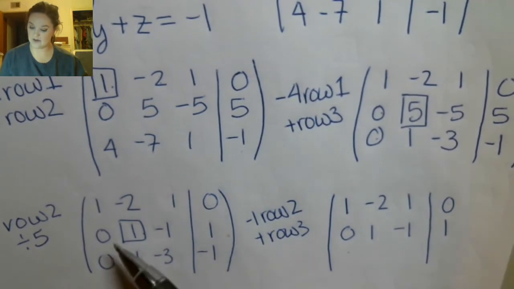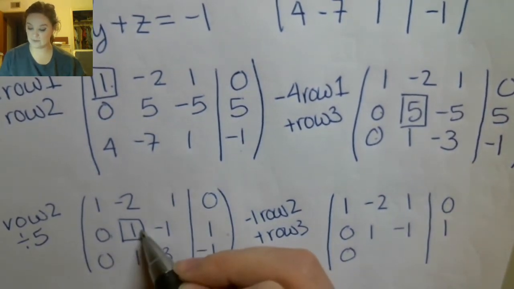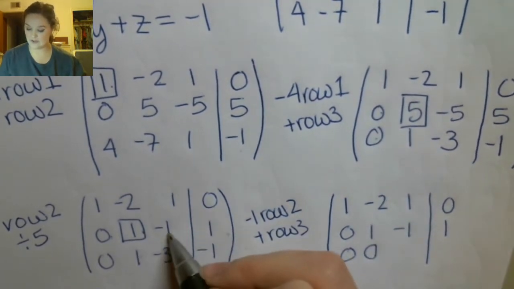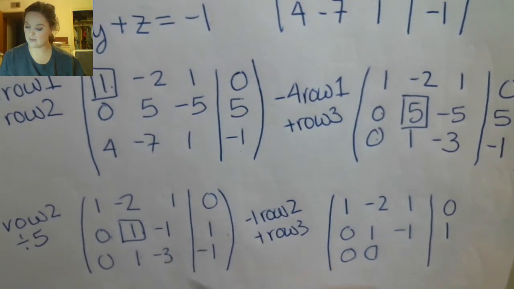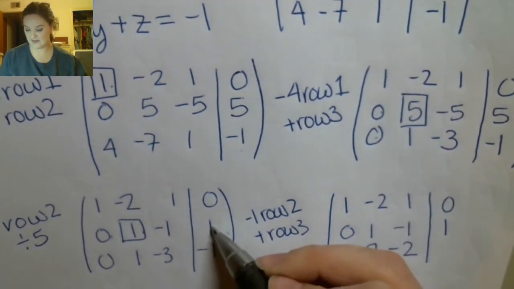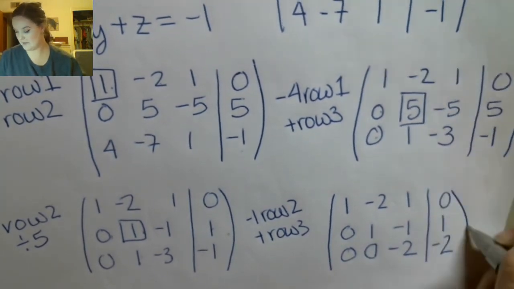So now negative 1 times 0 is 0, plus 0 is 0. Negative 1 times 1 is negative 1, plus 1 is 0. Negative 1 times negative 1 is 1, plus negative 3 is negative 2.